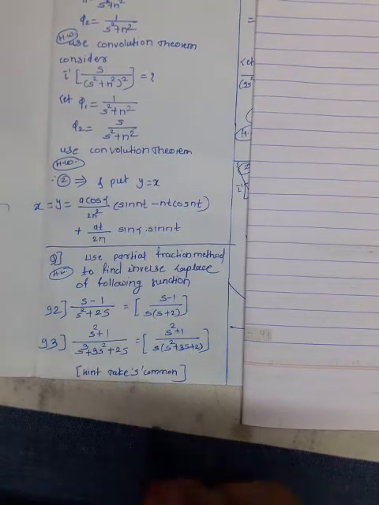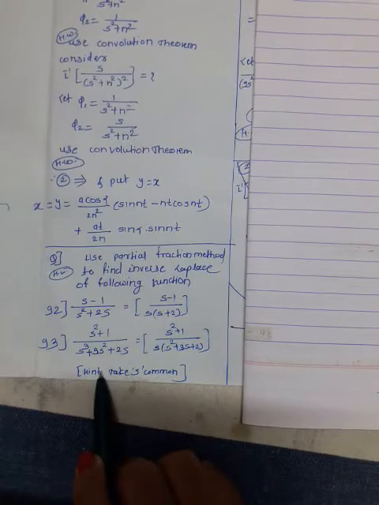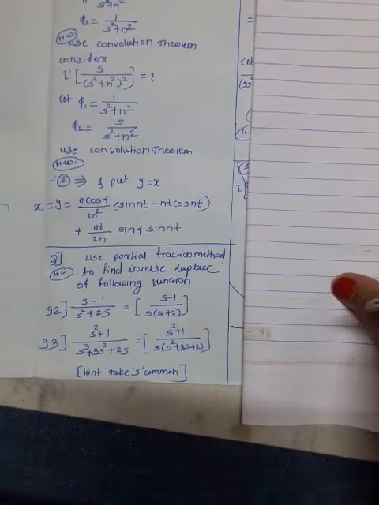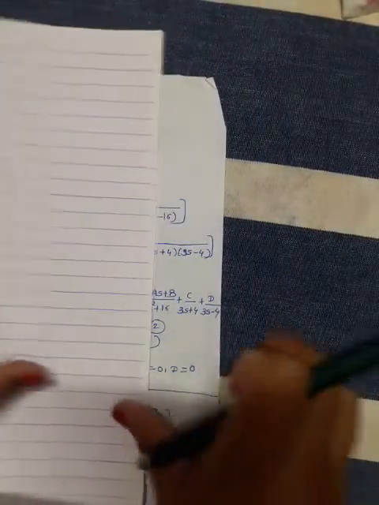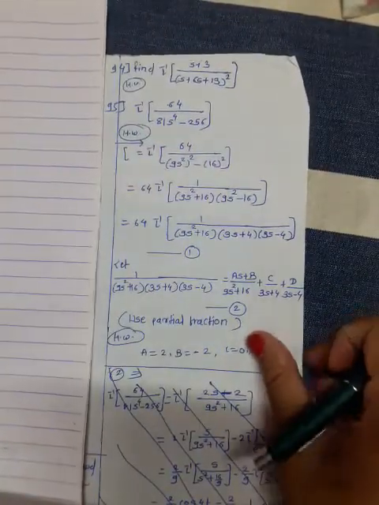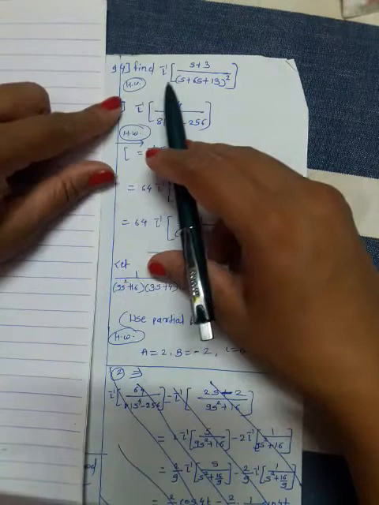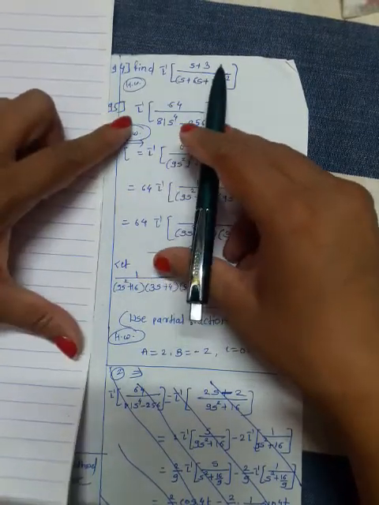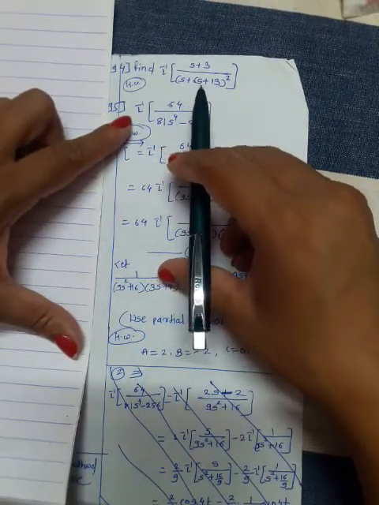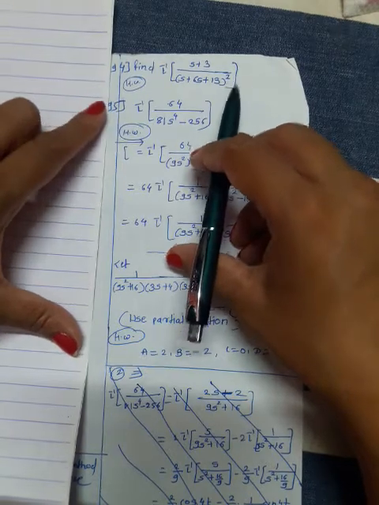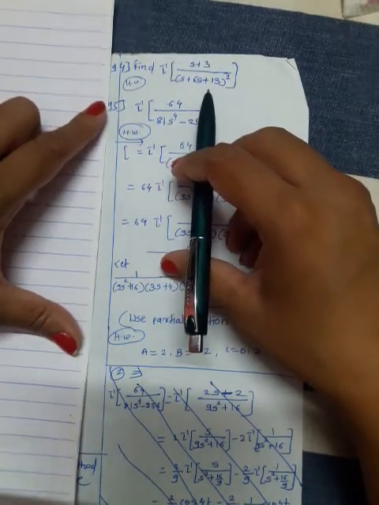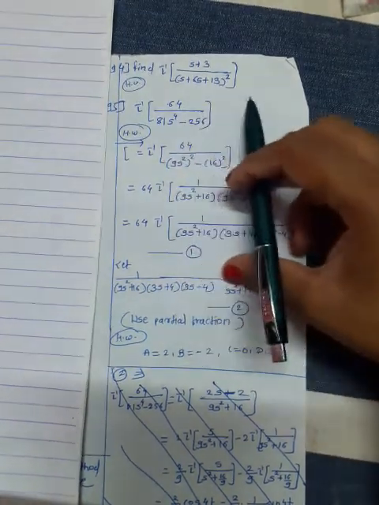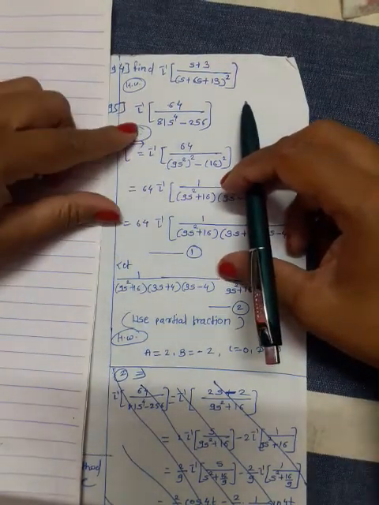Here is the hint, that is, take s common. Next example, this is also homework for you: L inverse of s plus 3 upon s square plus 6s plus 13 bracket square. What you have to do, first it must be square.